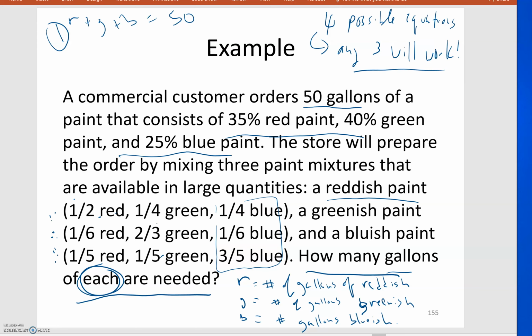So I happen to use this one and then the greenish and the reddish, but I could have just used the reddish, greenish, and bluish, the red, green, and blue equations. Or I could have used the blue and the green and the number 1. Any combination of 3 equations from these 4 will give me the same system. The answers might be in a different order, but they will be the same values.